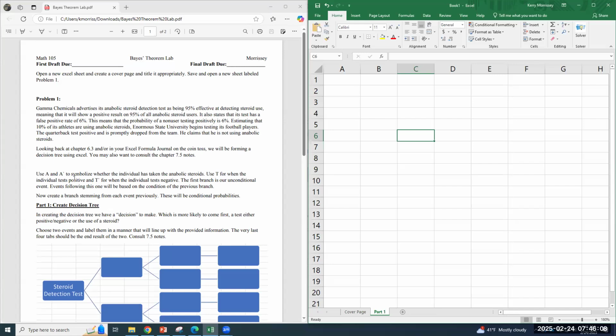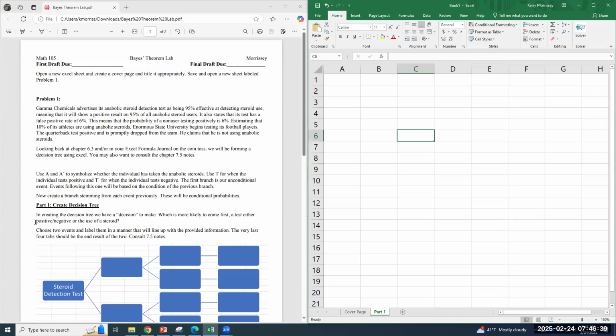So we're going to be using A and not A to symbolize whether the individual has taken the anabolic steroid, and T for when the individual tests positive, and not T for when they have tested negative. The first branch is your unconditional event, so that would be right here. So whichever one is unconditional. And then the following will result in the conditional probability. Now the end result will be here where they simultaneously hand in hand finish at the very end.